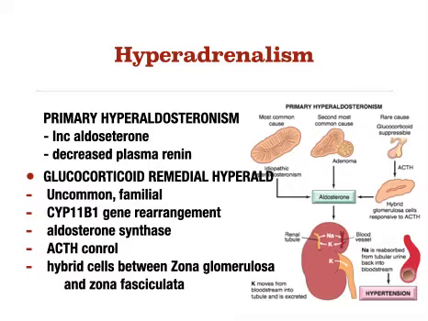This rearrangement produces hybrid glomerulosa cells that stimulate the production of aldosterone synthase and will produce aldosterone in the presence of ACTH. So it's under the control of ACTH, and in that sense, this is also suppressible by the dexamethasone suppression test.